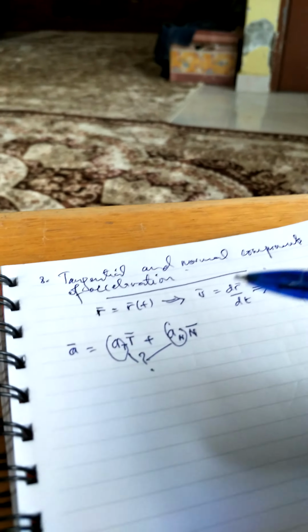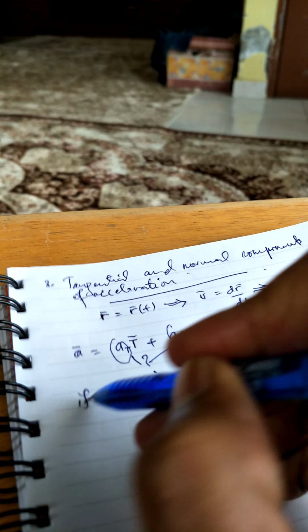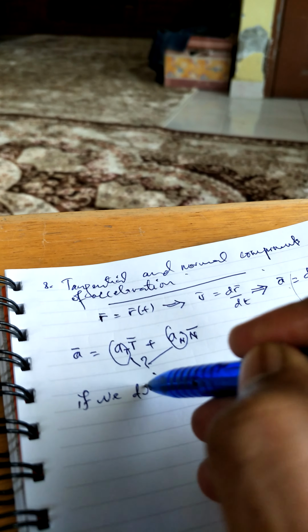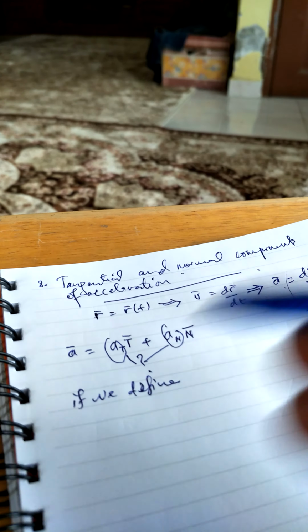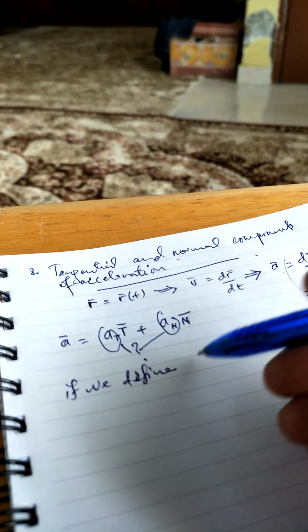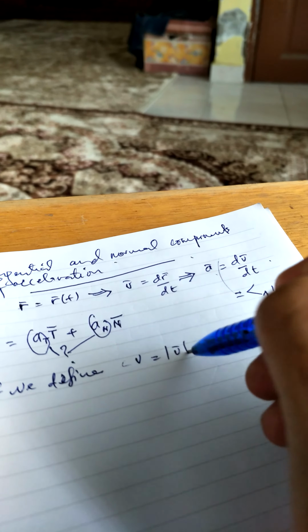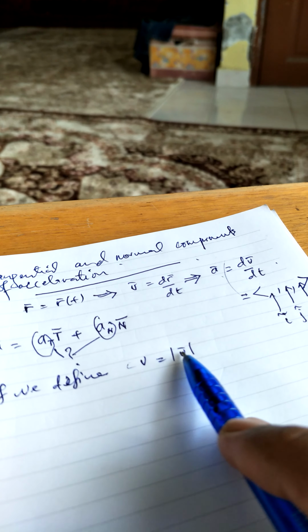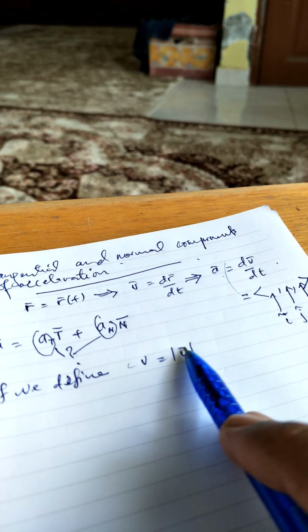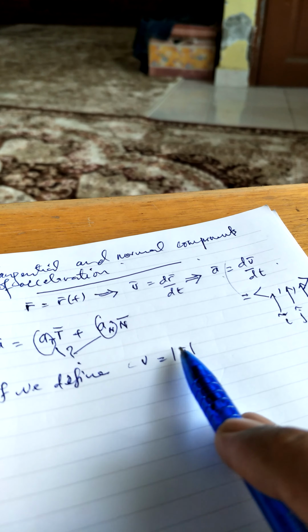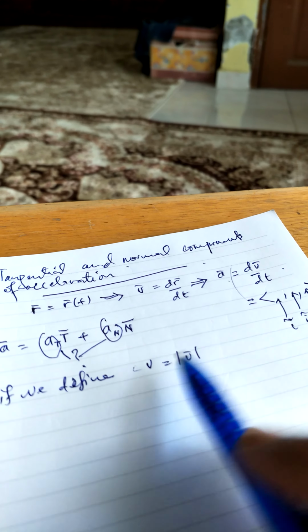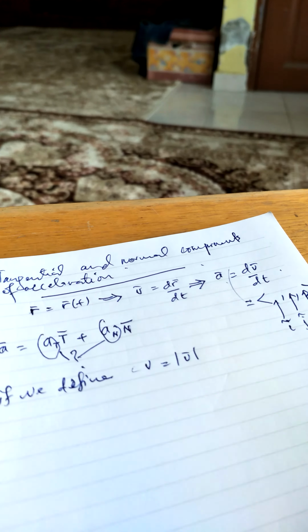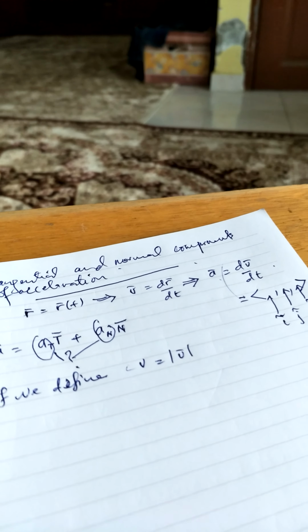Now we already know this thing actually, v as a magnitude of v, where this one is v with a bar, a vector, and the magnitude is just a scalar.